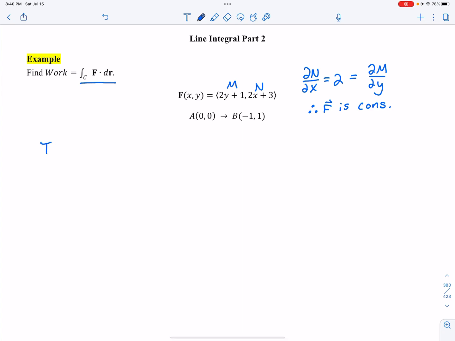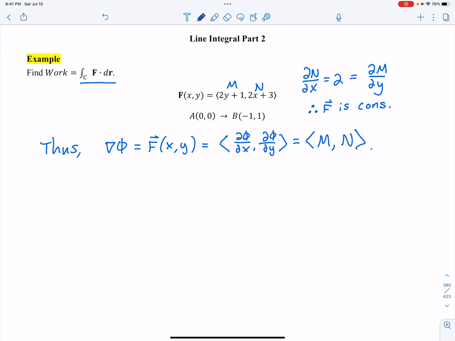So if that's the case and it's conservative, then there's a potential function phi whose gradient is equal to my vector field, which means the vector field can be redefined as the partial of phi with respect to x, partial of phi with respect to y. Right, so that also, if we look at our vector field right above, is equal to M and N. We're going to use that fact to undo the problem, just like we have.